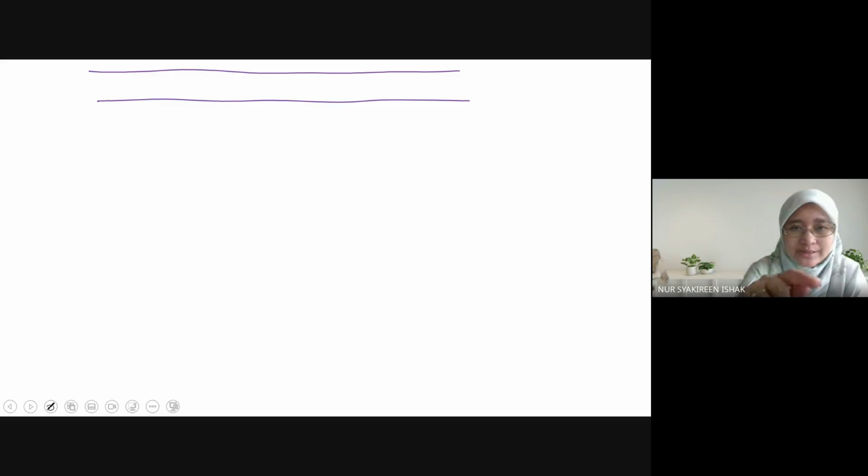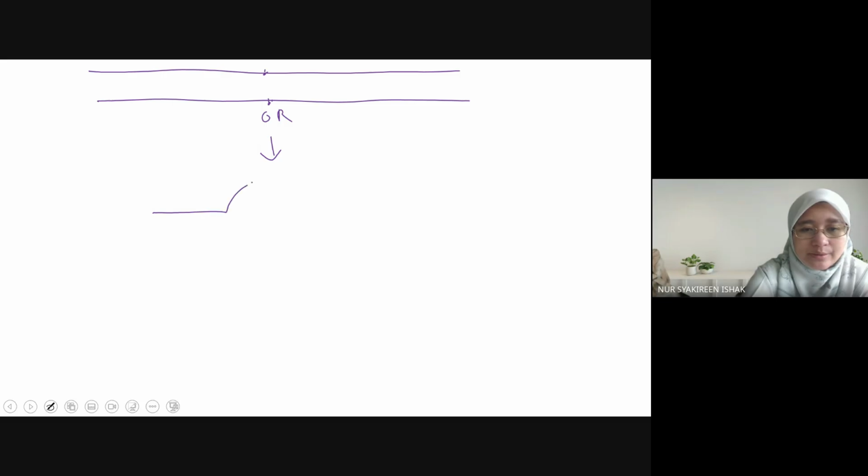So this is the origin of replication. Now in order for DNA replication to occur, you need to separate the two DNA strands. So you separate and then it will start to form a replication bubble.